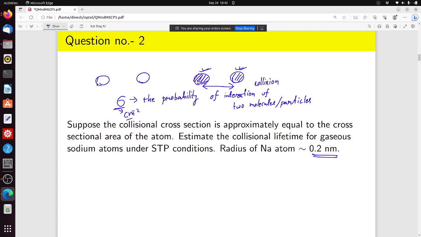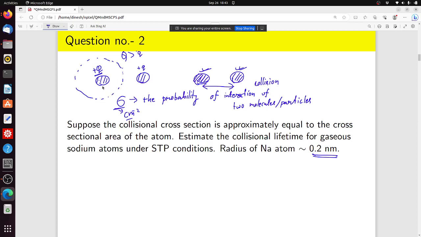If there are two particles, let's say one has some charge capital Q and the other has some charge small q. If capital Q is very much greater than small q, then the area of this interaction will be more for this kind of system, because this charge will have influence out of its radius.